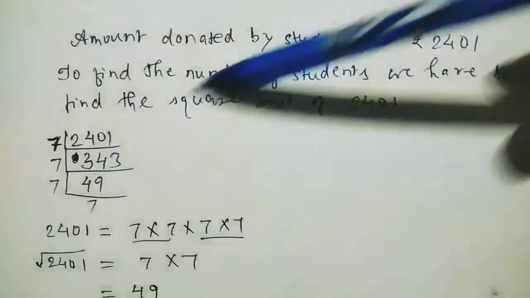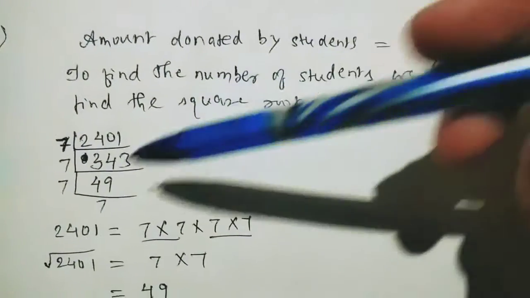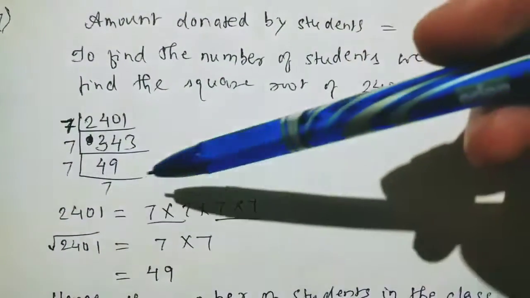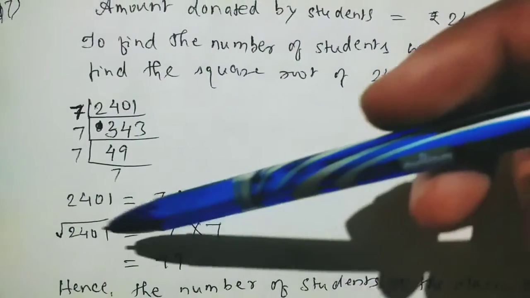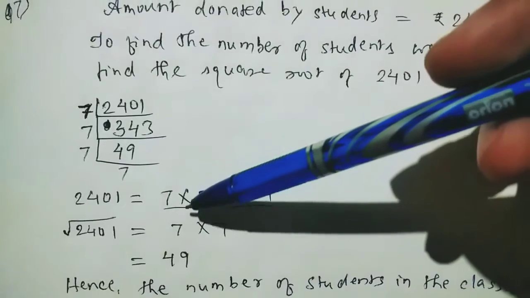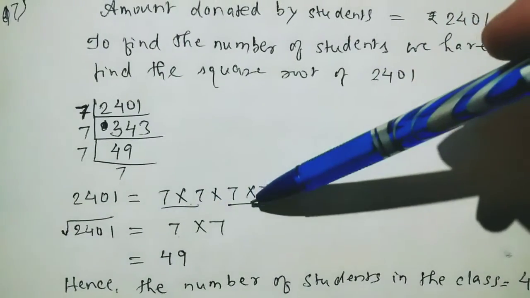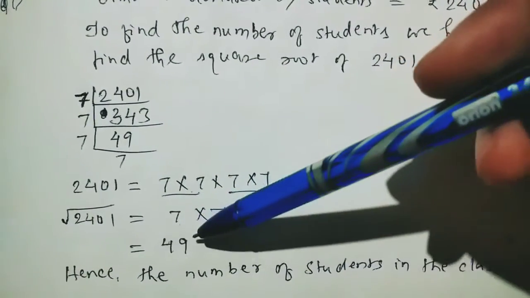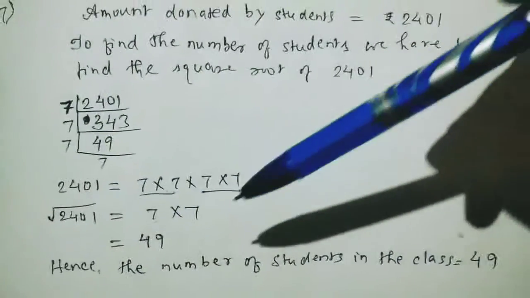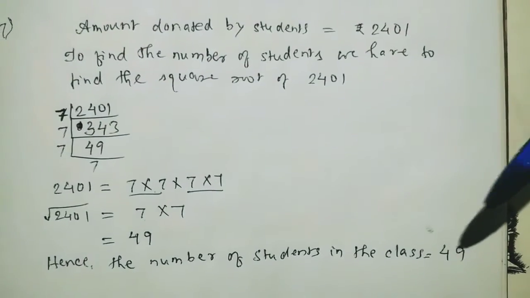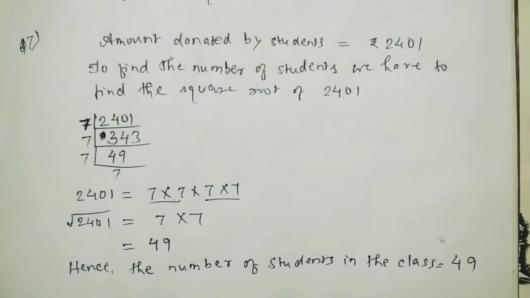By the prime factorization method, I have found the square root like this. Here 7 into 7 into 7 into 7, so 7 and 7 make 2 pairs. So the square root of 2401: for this pair one 7, for this pair one 7, so 7 times 7 is 49. So the square root of 2401 is 49. Hence the number of students in the class is 49. So it's very easy, right?